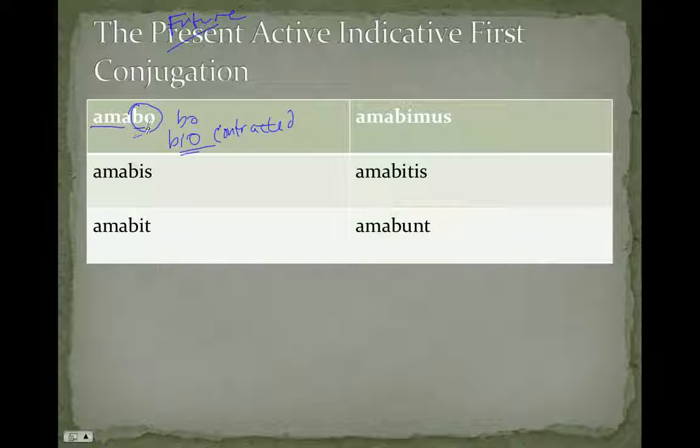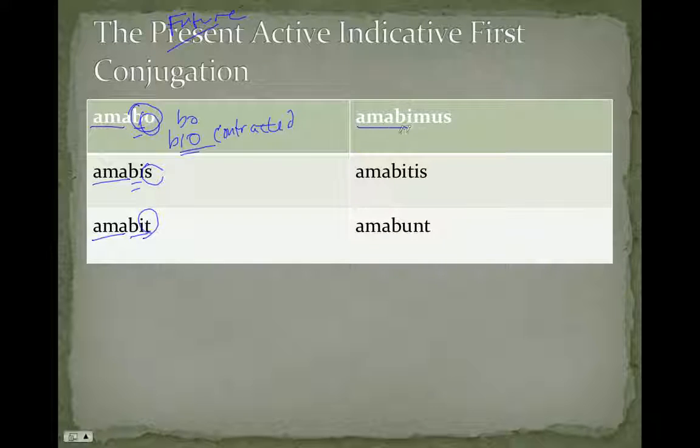Stem, BI, the I is contracted out, and the O, not the M. Okay, so amabo, ama, there's our tense marker, amabis, you will love, amabit, he, she, it will love.